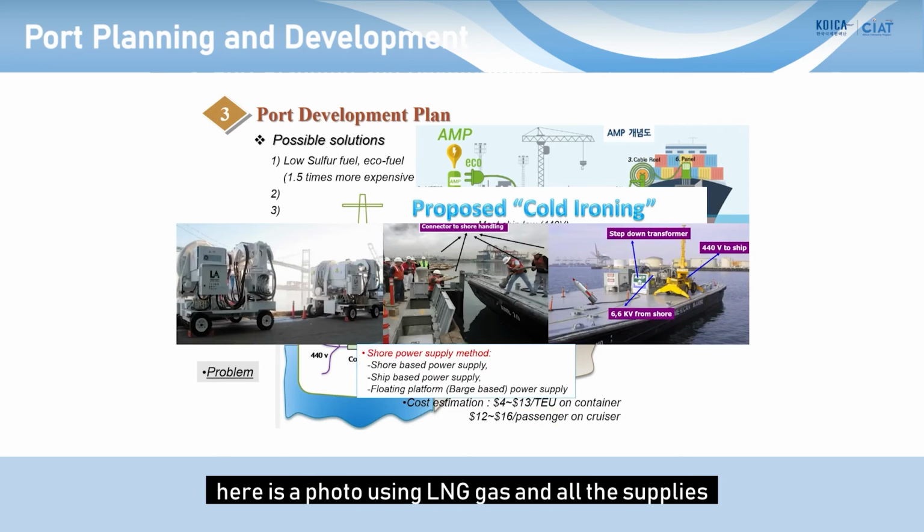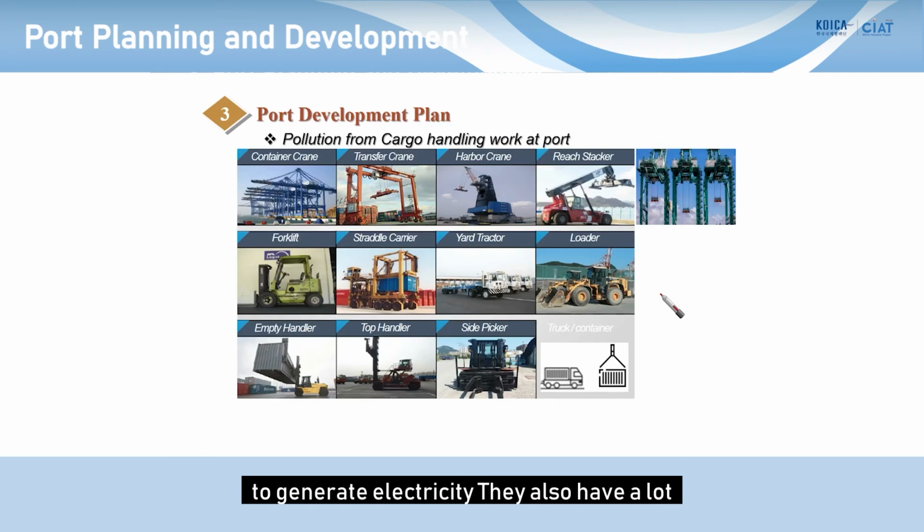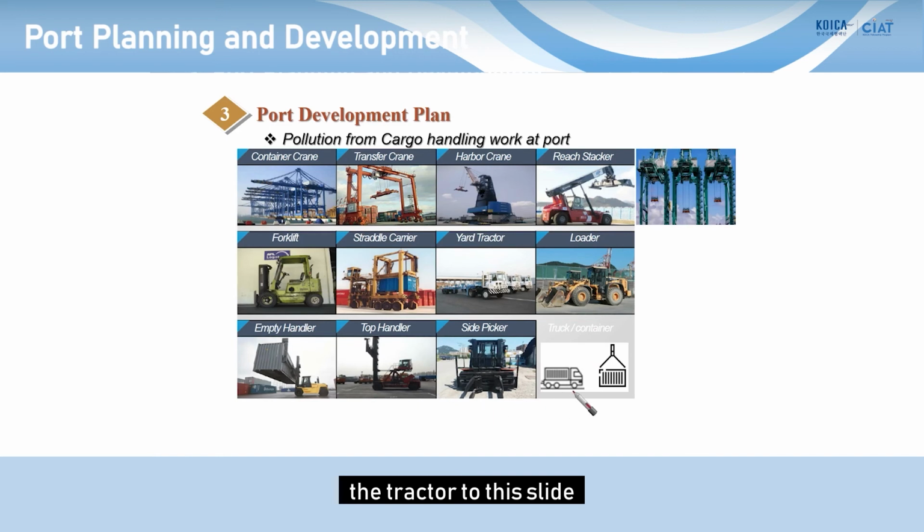Shore-side AMP is supportable using LNG gas and barge supplies. Also, they are using clean energy to generate electricity. We also have lots of facilities and equipment for cargo handling at the port, from container cranes, forklifts, straddle carriers, other tractors, and even trucks.